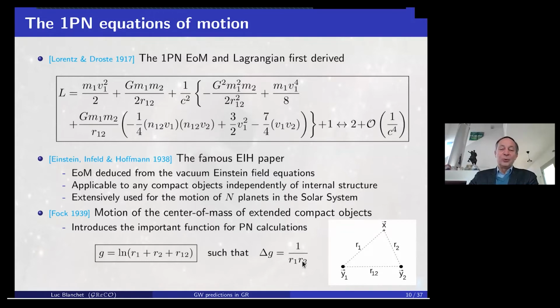An extremely important and useful function in post-Newtonian calculations done in the real-time domain. I will mention modern works with effective field theory or scattering amplitude theory, where people use diagrammatic expansion in Feynman-type diagrams in the Fourier domain. These people don't use such functions, but for us, for traditional PN calculation, this is a very important tool in our calculations.